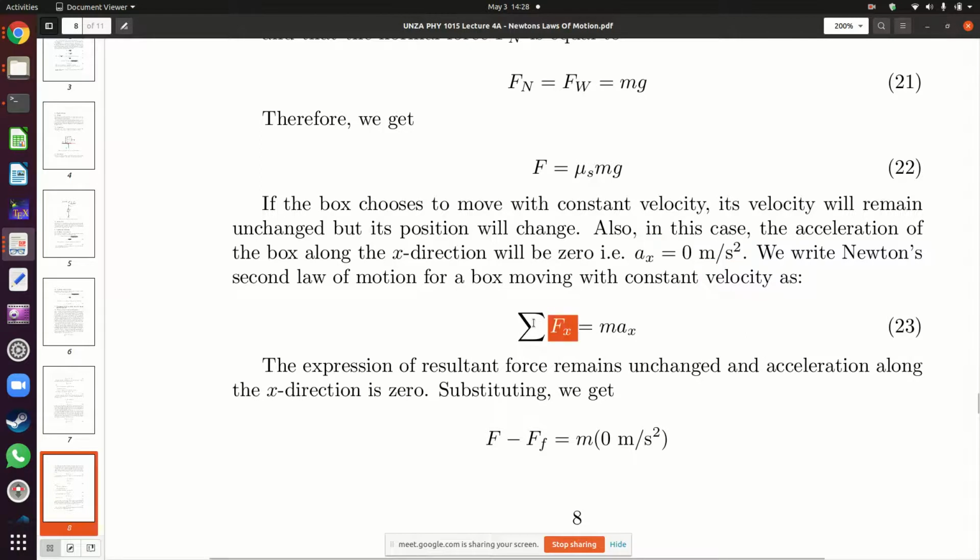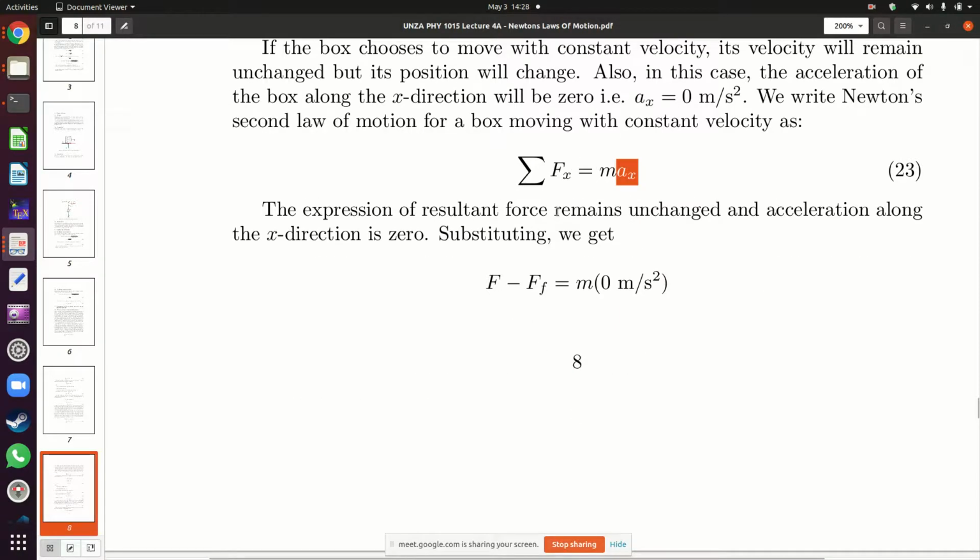It is equal to the pulling force minus the friction force. This is Newton's second law of motion. The resultant force is equal to the mass of the object multiplied by the acceleration. So in this case, the pulling force minus the friction force equals the mass multiplied by the acceleration, which is equal to 0 meters per second squared.